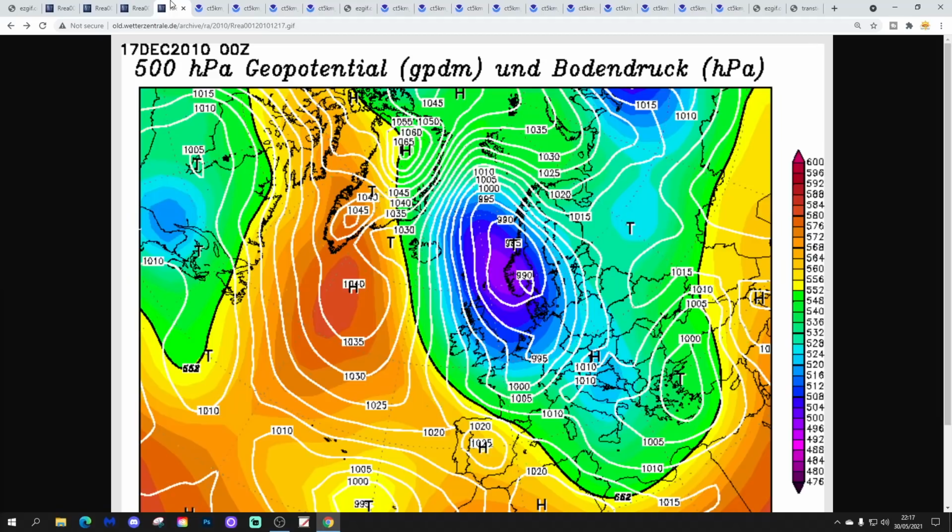And this, again, is from the December to remember. This is 17th of December 2010. And again, this is a classic example of a negative NAO. Again, we've got all of this high pressure up towards Greenland and Iceland. In fact, we've got so much high pressure there, we actually push the polar vortex, the area of low pressure which should be sitting over the pole, down into northern Europe.